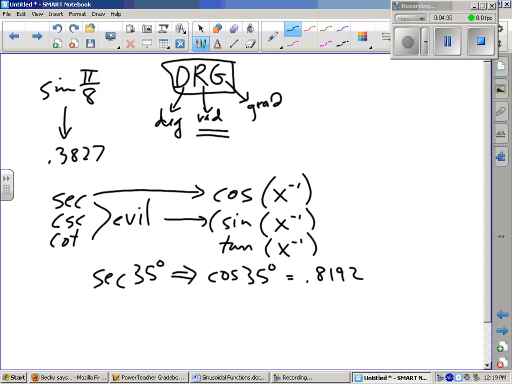But that's not the right answer because I need the reciprocal of it. I really want the secant. So I hit my x to the -1 button, and I should get 1.2208. So that is the correct answer. So use that reciprocal button whenever you have one of the evil twins.